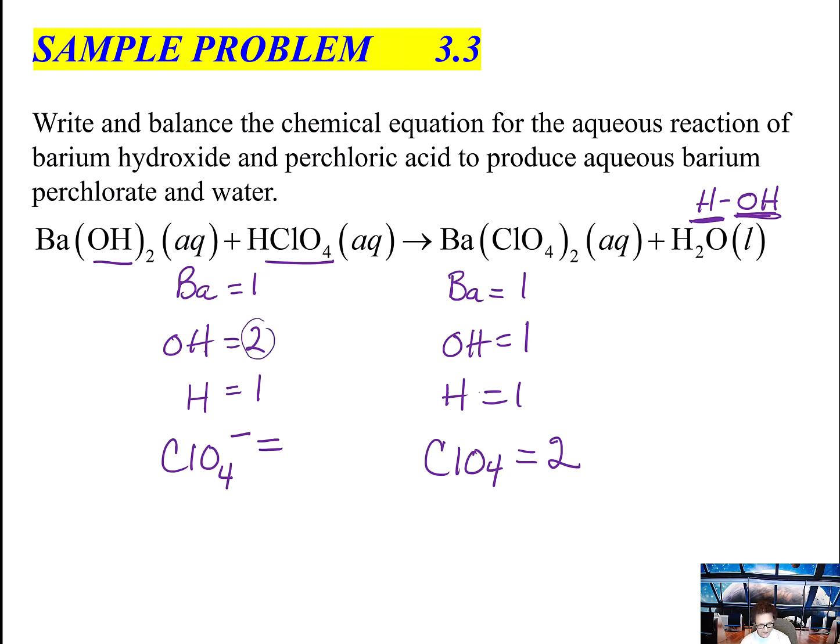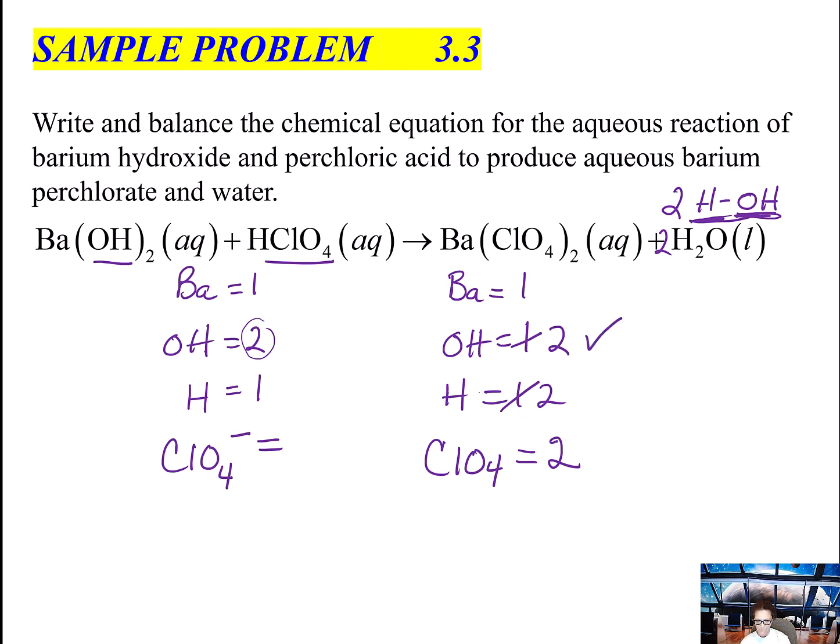What do I have to do to get 2 on the right hand side? I have to do 2 waters, and that's going to give me 2 hydrogens, because remember I'm looking at this one, and 2 hydroxides. Okay, so now my hydroxides are balanced.